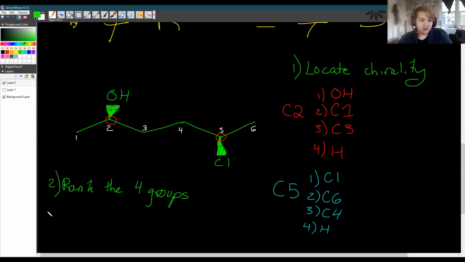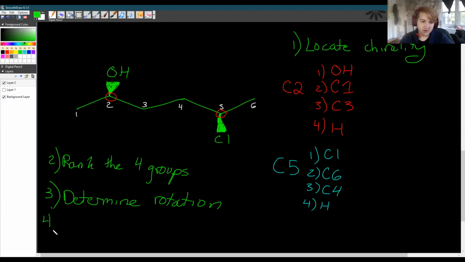And then once we do that, we're going to determine the sweep, or the better word that we've already used before is determine the rotation. So clockwise or counterclockwise. And then we're going to do our check.